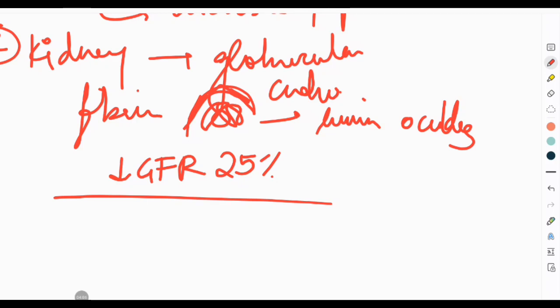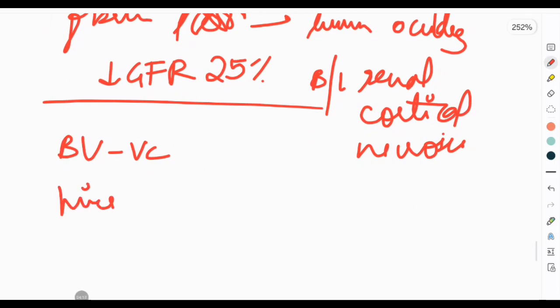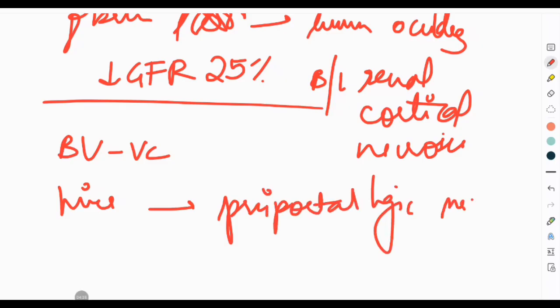Bilateral renal cortical necrosis. Blood vessels, vasoconstriction. In the liver, periportal hemorrhagic necrosis or a subcapsular hematoma is seen.